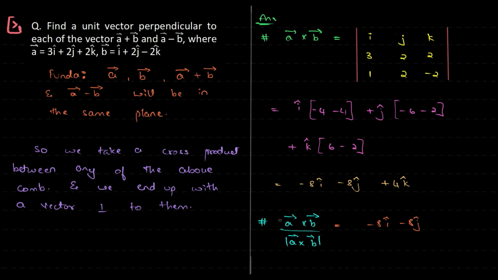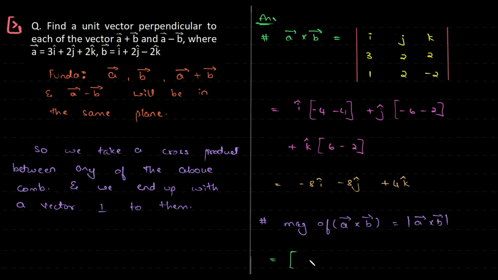Actually, you know what my style is? Always to do it systematically. That is, we'll do it separately. We'll find the magnitude of this. We can represent this in the following manner.